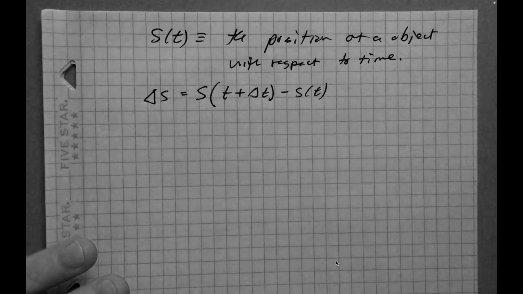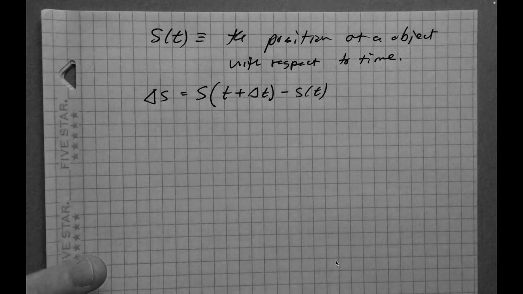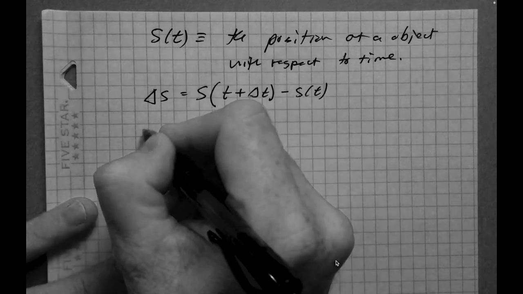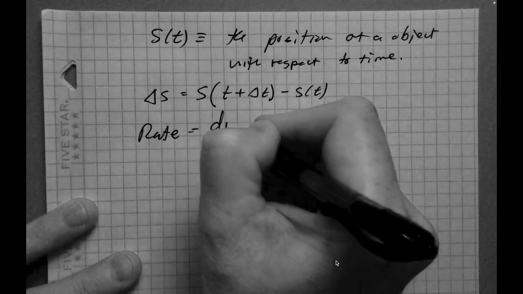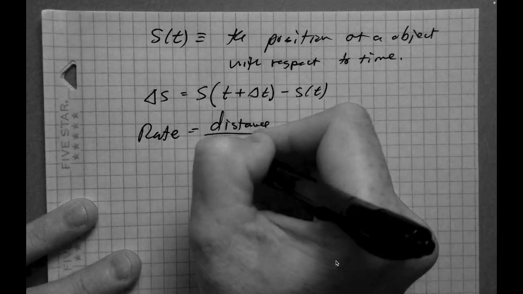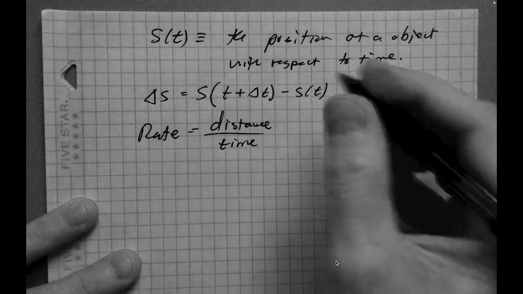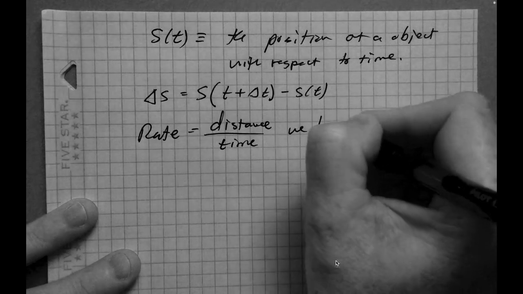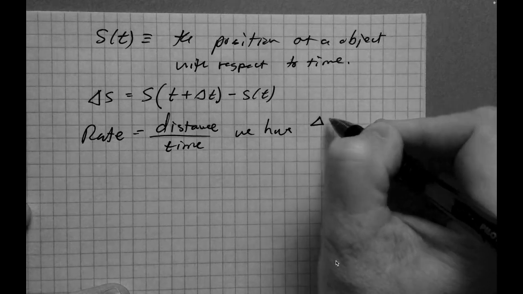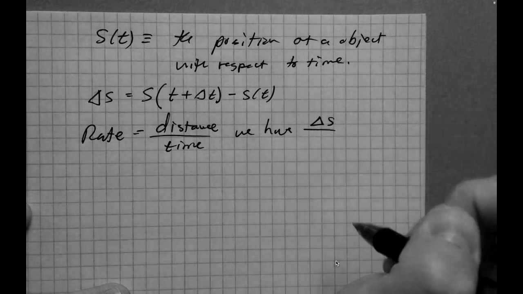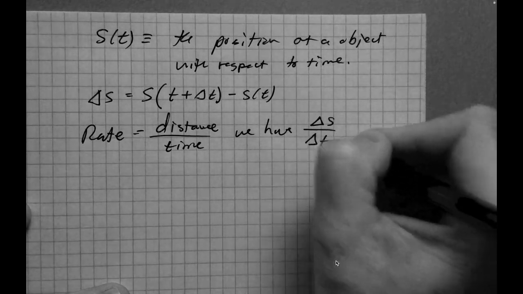Then we can use the formula rate equals distance divided by time. From this we would have the change in position, change in distance, divided by the change in time.